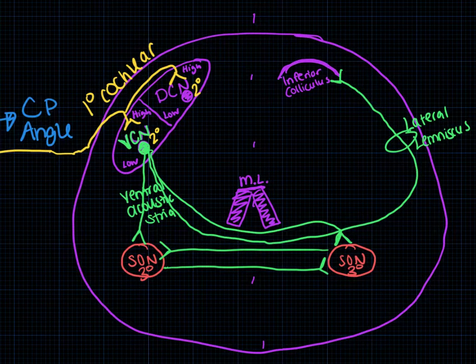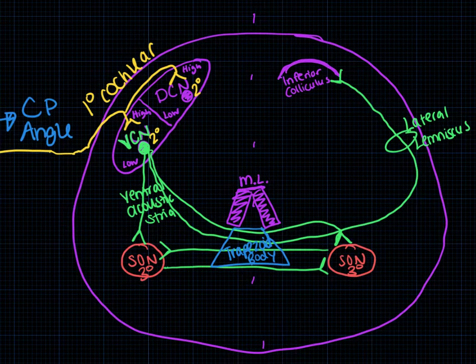The fibers that are passing anterior to the medial lemniscus, so this includes second order fibers from the ventral cochlear nuclei and third order fibers from the superior olivary nucleus, these fibers are called the trapezoid body.